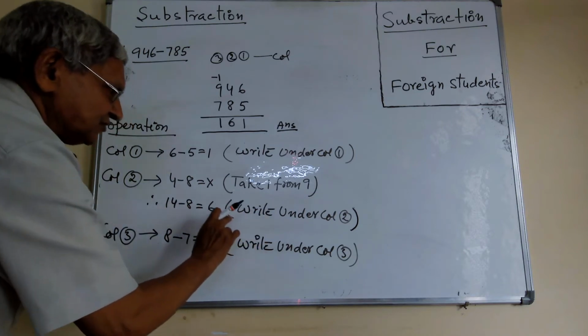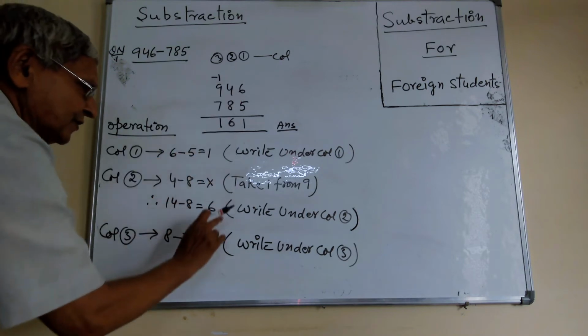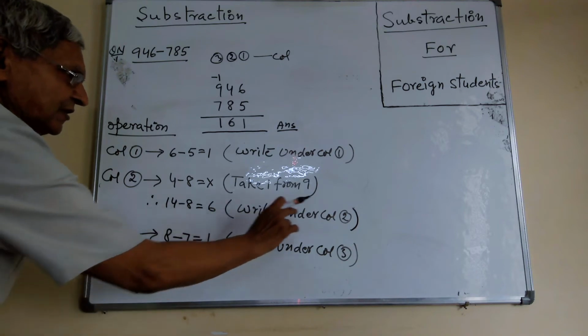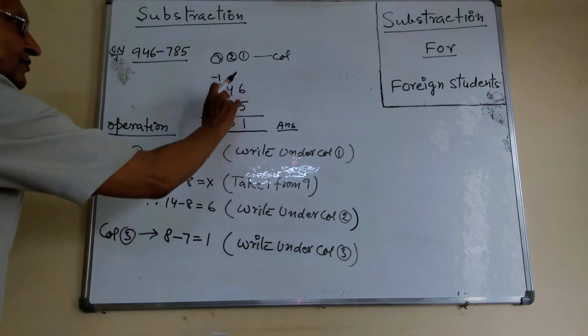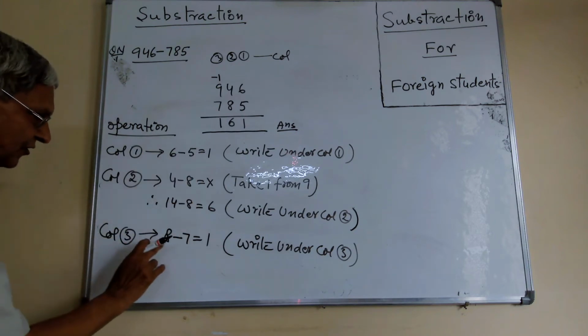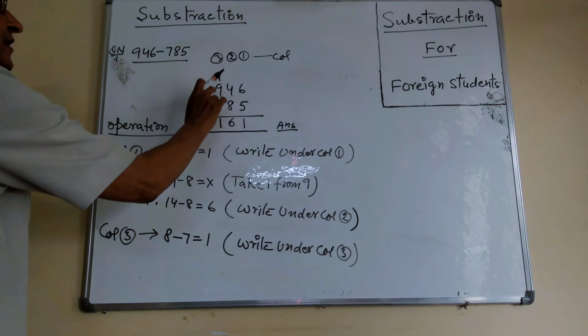Write down this 6, because this 6 is the answer of the second column, under column 2. Now take the third column. In the third column, we have taken 1 from 9.